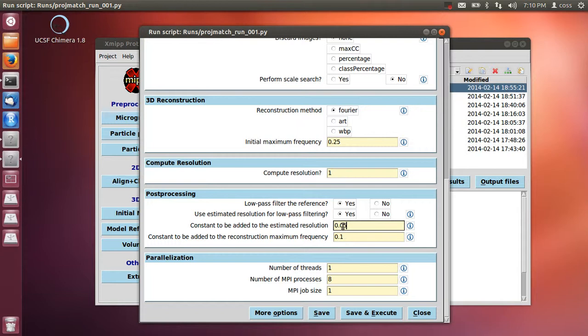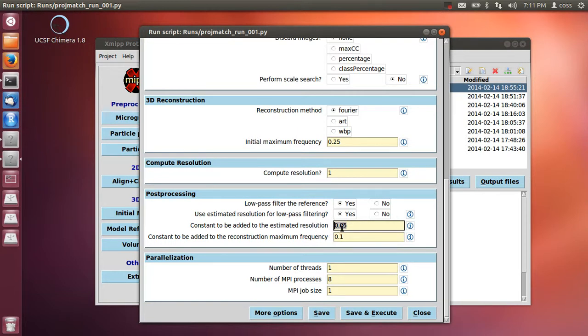Let's say that you are very worried about overfitting. Then instead of adding a little bit more, you may subtract a little bit, so you are sure that you are trying to avoid overfitting. If you don't have problems with overfitting, you may just keep the default value.